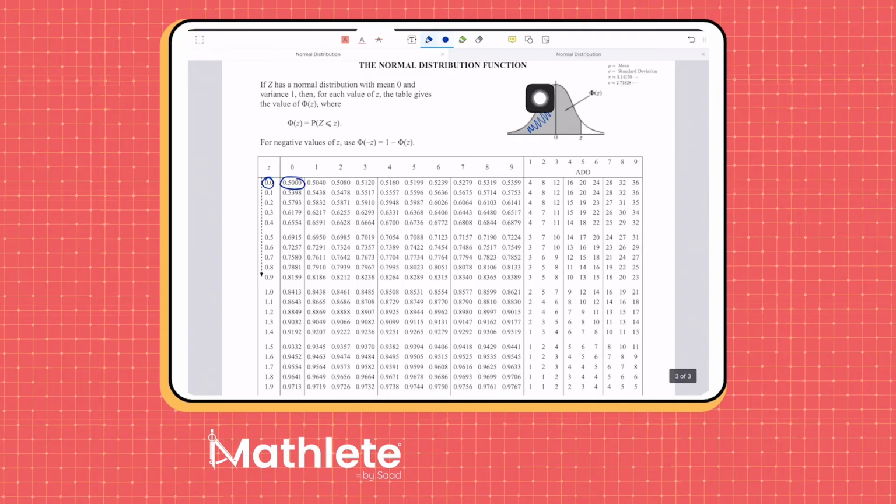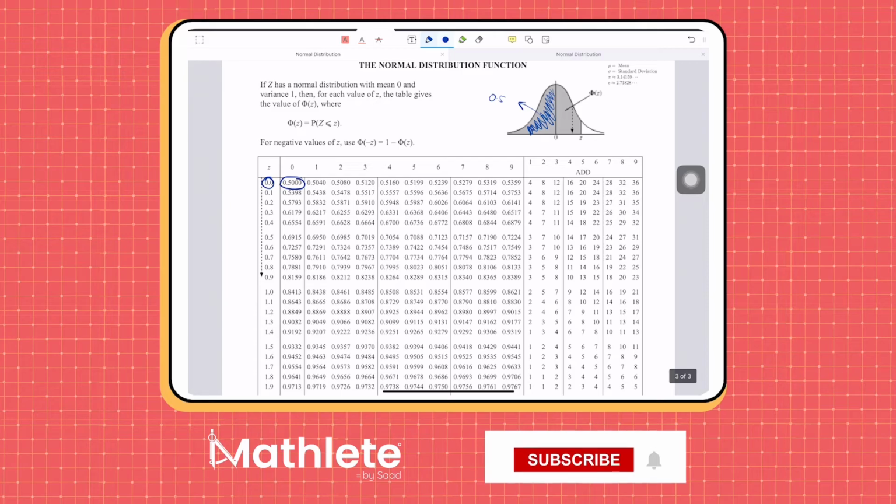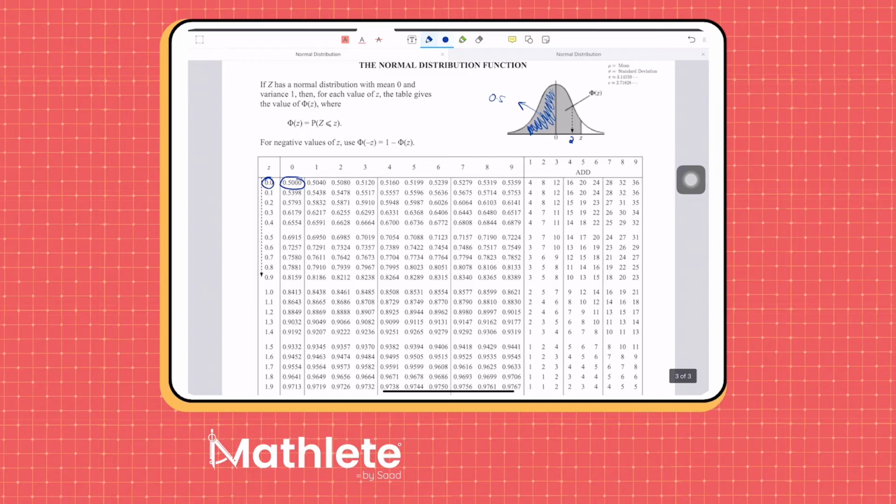Since 0 is right at the center, the area of this half of the curve is 0.5, and this area is also representing the probability. Now let's say I want to find the probability that a value is less than positive 2 standard deviations away from the mean.